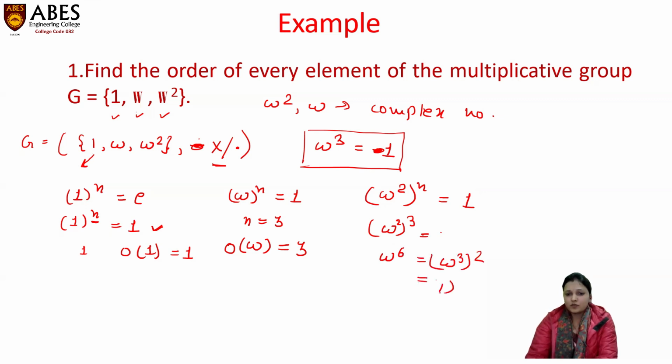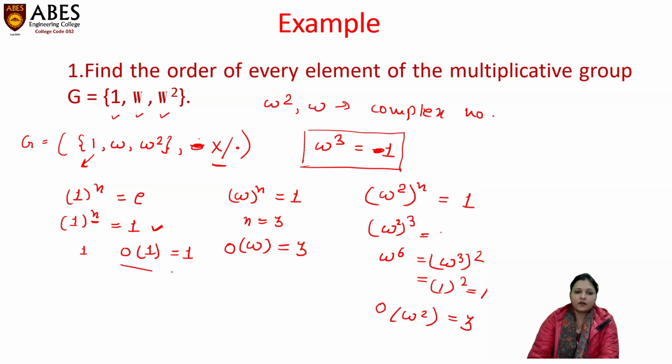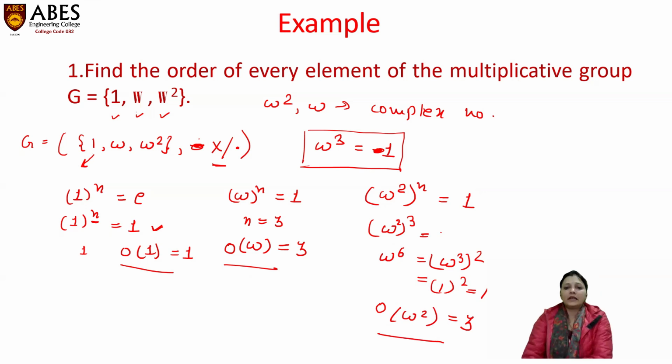Omega cube is 1, so square of 1 is 1. So here the order of omega square is also 3. So here the order of 1 is 1, the order of omega is 3, and the order of omega square is 3. This is the way we can calculate the order of each element of a group.